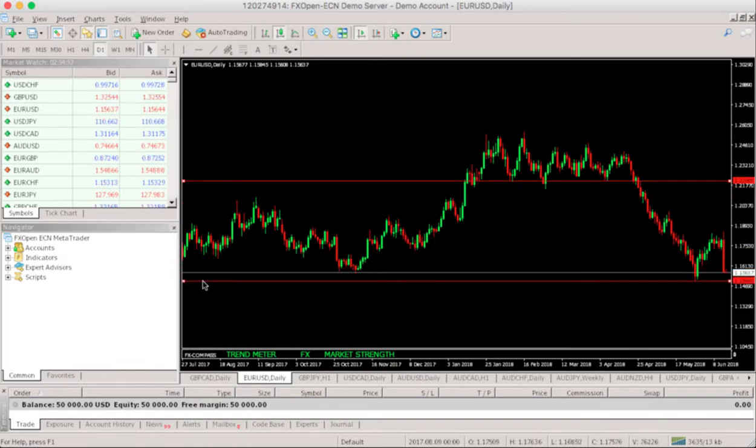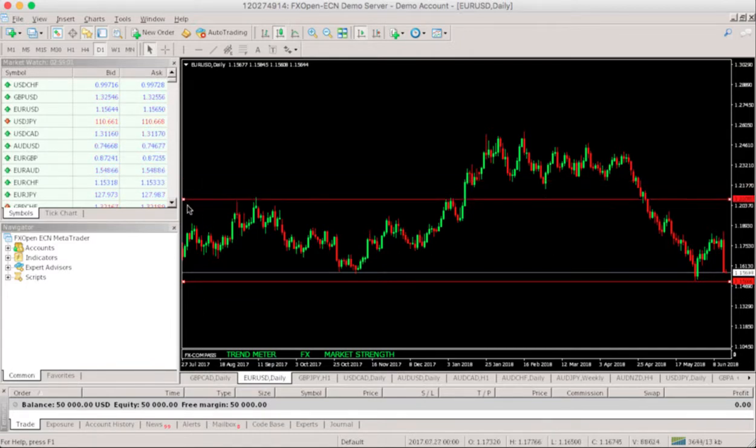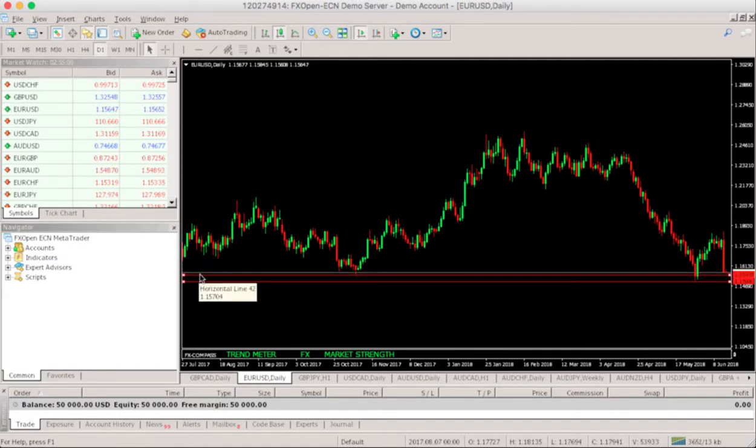Now, here and here. Here you go, like that. That is your support area. Price has to break this level to the downside for you to sell it. And it has to bounce from this to go up for you to buy it.